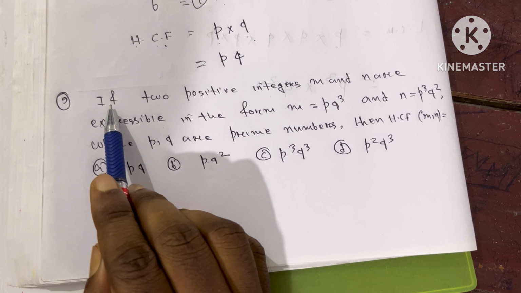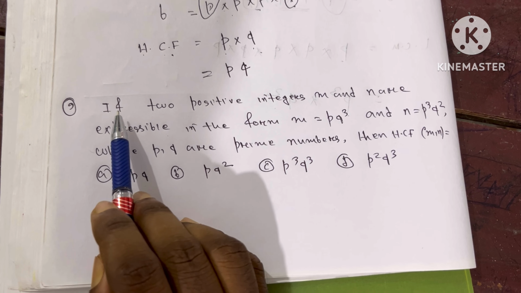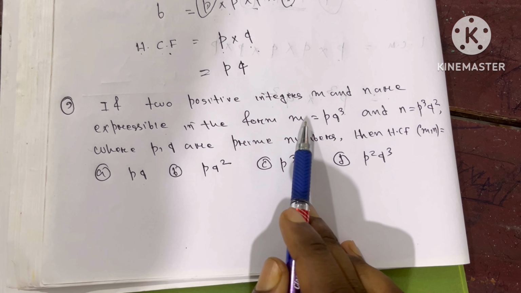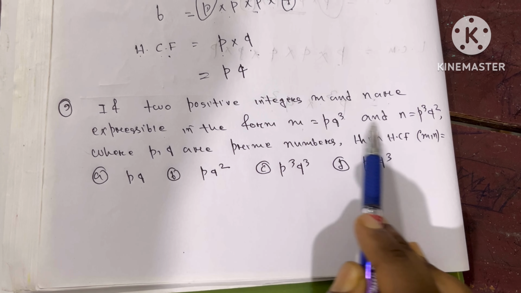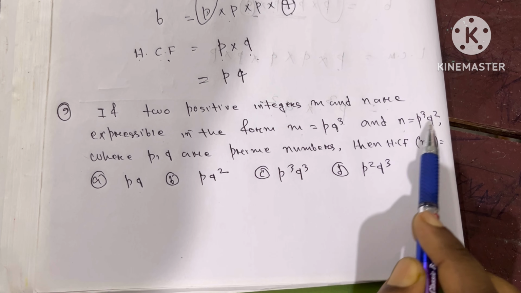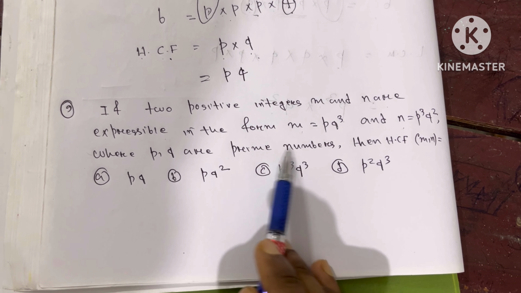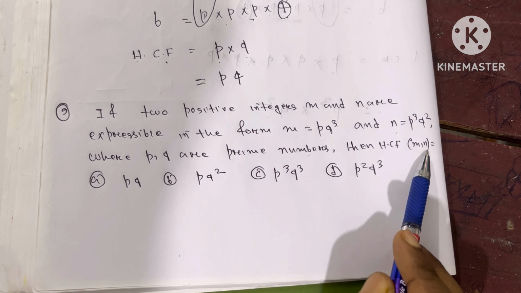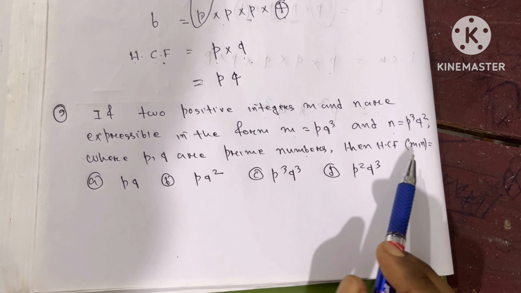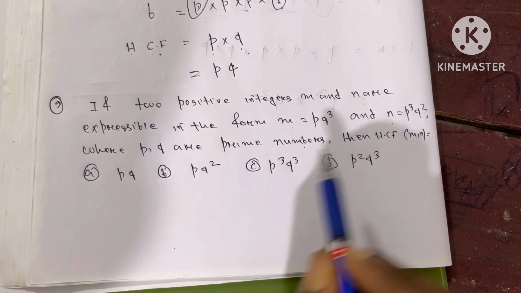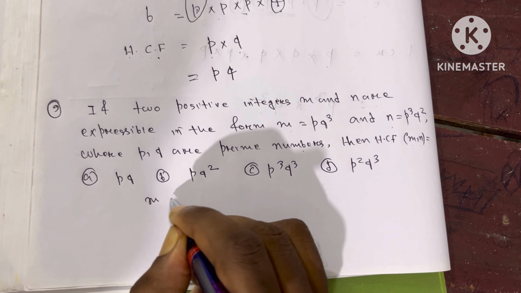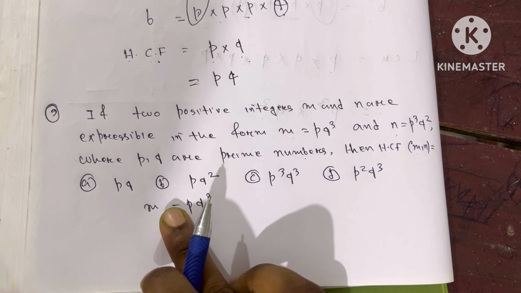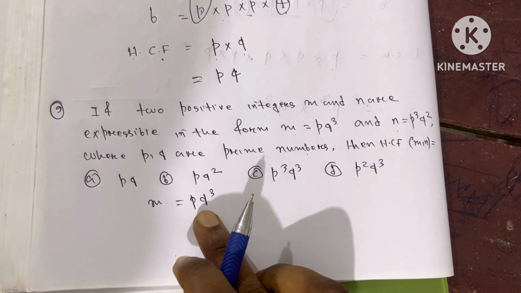So the next question is the same as question number 8. If two positive integers m and n are expressible in the form m is equal to p q cube and n is equal to p cube q square, where p and q are prime numbers, then the HCF of m comma n is equal to what? First you have to factorize both the numbers. So m is equal to p q cube, in the form of a product of prime exponents.